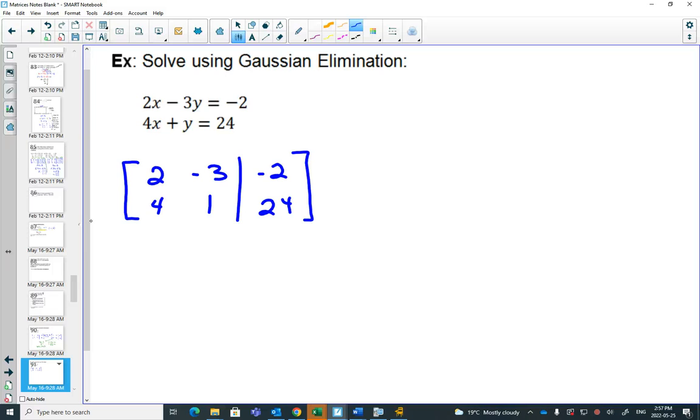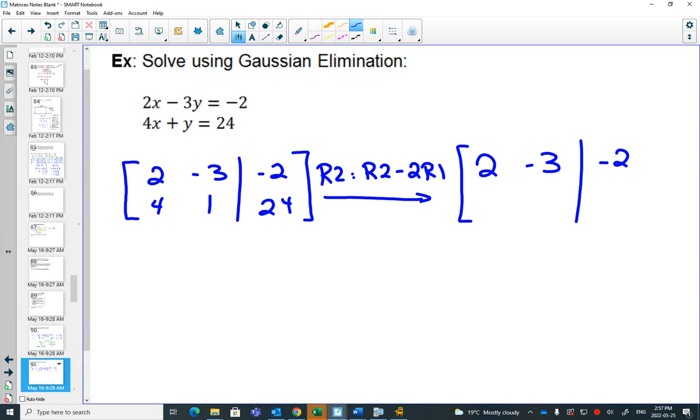So there's our matrix. I want to get a 0 here. I can do that, so I want to change row 2. Can you see that if you took row 2 and minused 2 of row 1, that would get you a 0. Again, I'm not changing row 1, so I can rewrite it 2, negative 3, negative 2.